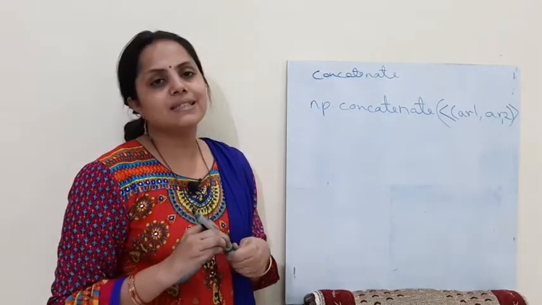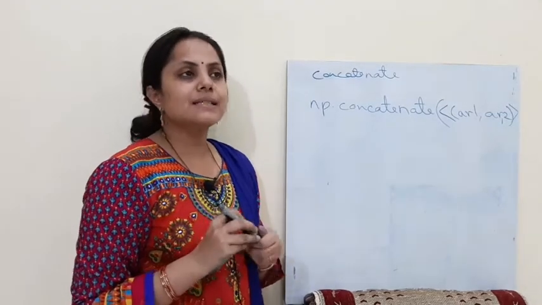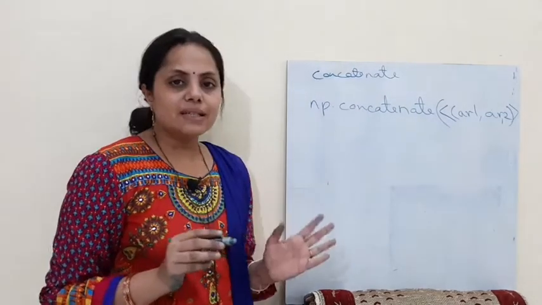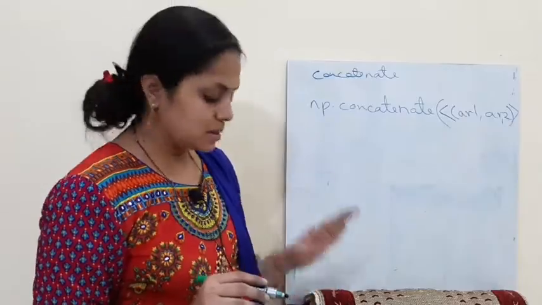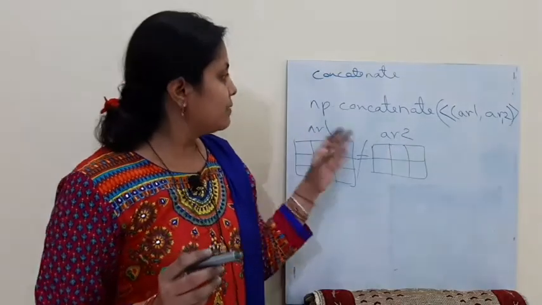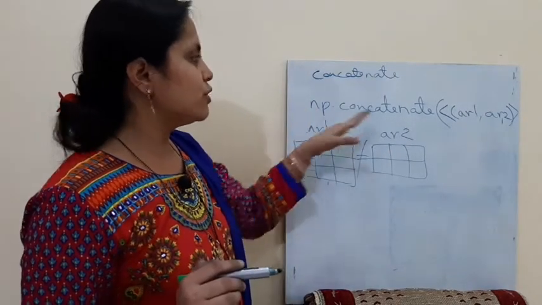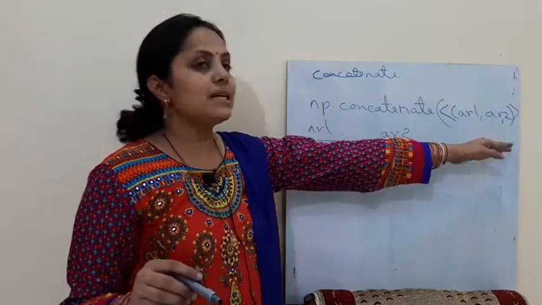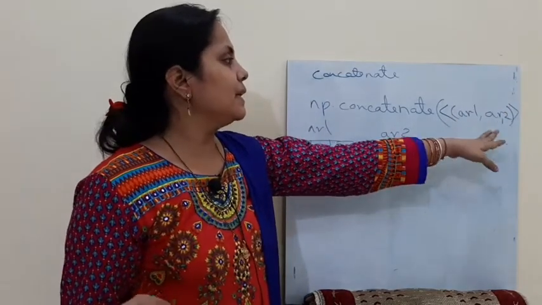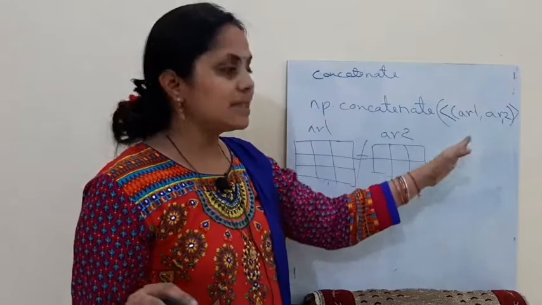We all know axis 0 is our vertical axis and axis 1 is our horizontal axis. AR1 and AR2 are basically the tuple, the arrays that are to be joined.